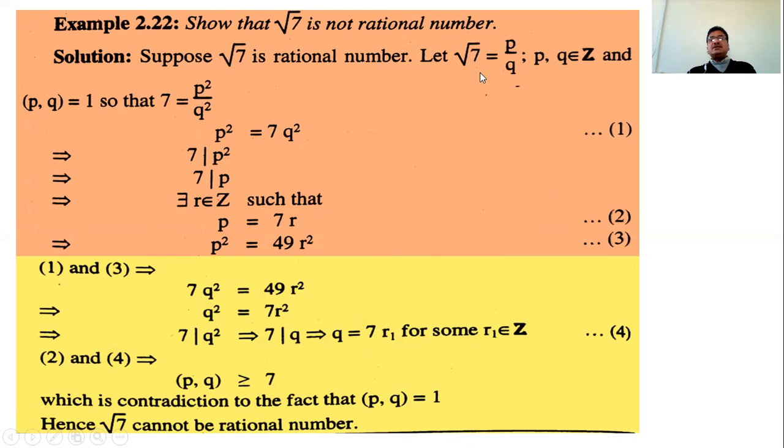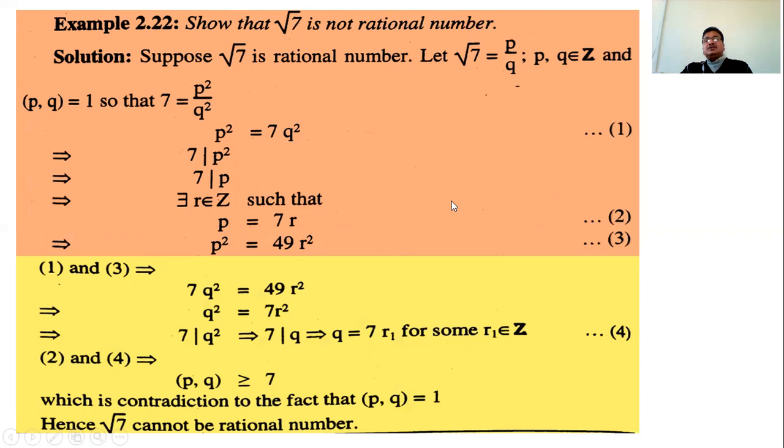Root 7 being rational means root 7 is expressed in the form p by q, because by the definition, a number is called rational if it can be expressed in the form p by q.